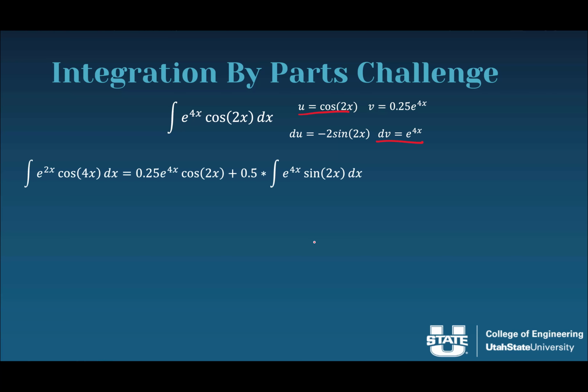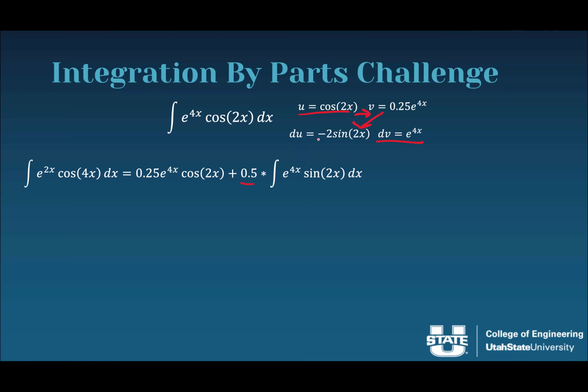So then when we do our uv voodoo, which in this case would be multiplying this way and then integrating that way, we get 1/4 e to the 4x cosine of 2x plus, this is 1/2 multiplied by 2, just makes it 0.5.